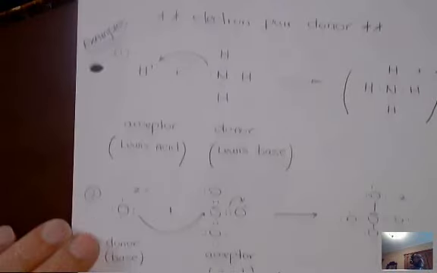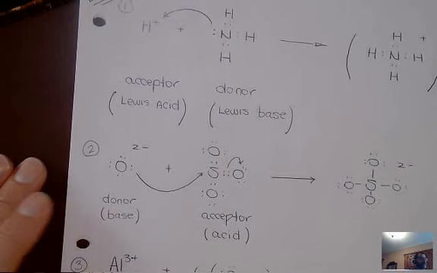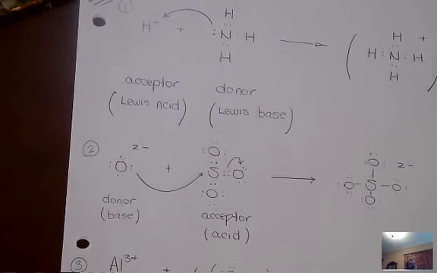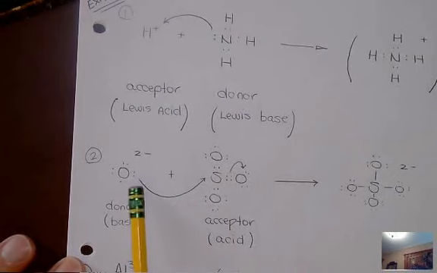Let's take another example here. Here's the oxide ion, and it's going to get together with the molecule sulfur trioxide. Okay. So if these two species were around, where's the extra electron pair coming from? Well, this oxygen has got four equivalent lone pairs. It's very stable.